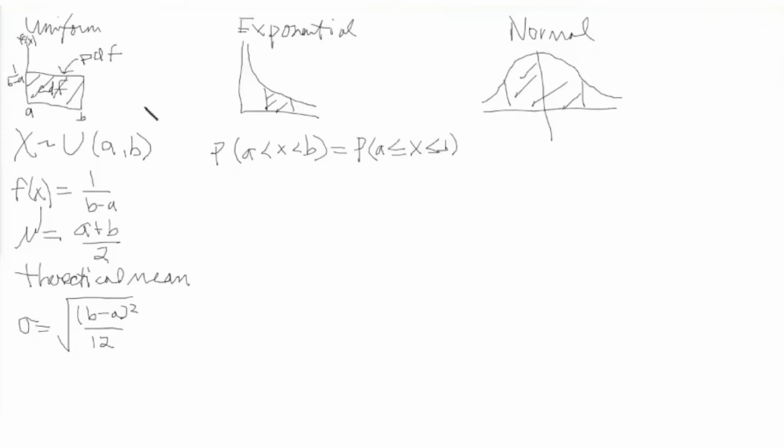And so it's still going to be the same space. So whether it includes those endpoints or not, the area is going to be the same. If it includes them, then it's going to be called inclusive. And if it doesn't include them, it's going to be called exclusive.